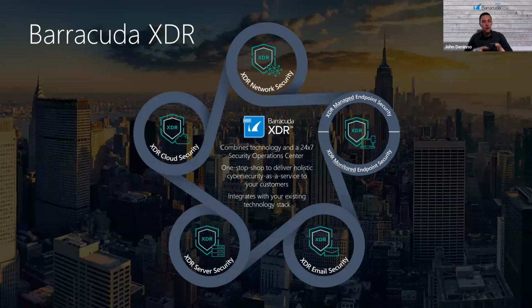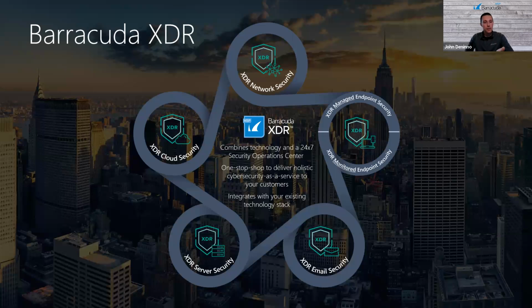So Barracuda XDR Network Security is a monitoring service that provides IDS, or intrusion detection capabilities. It protects firewalls and other network devices. Suspected threats are correlated for analysis using the XDR's analytics platform, threat intelligence, and of course, the Security Operations Center.